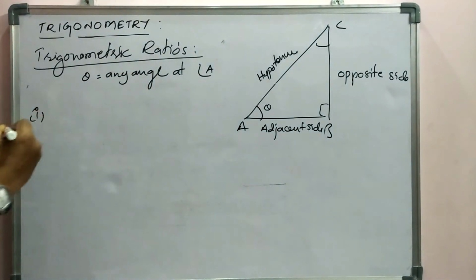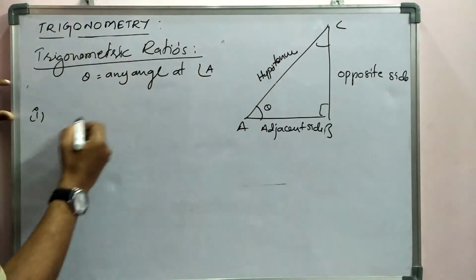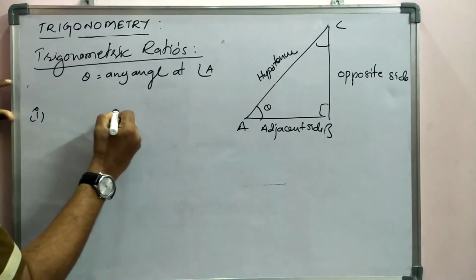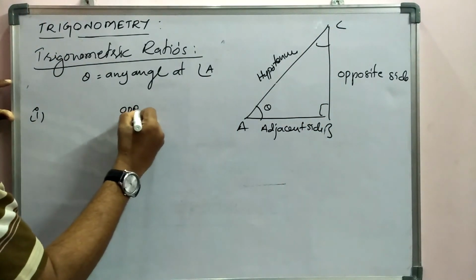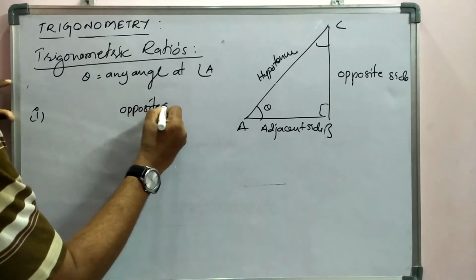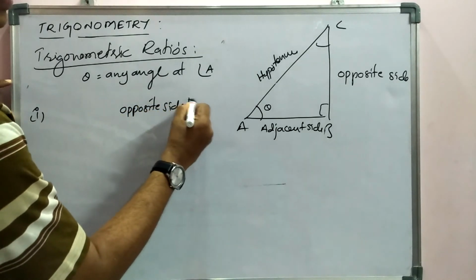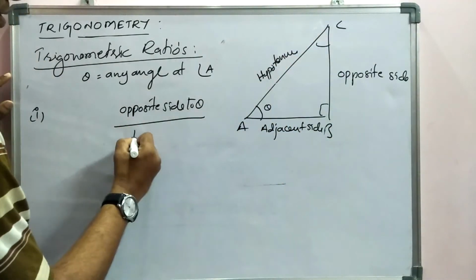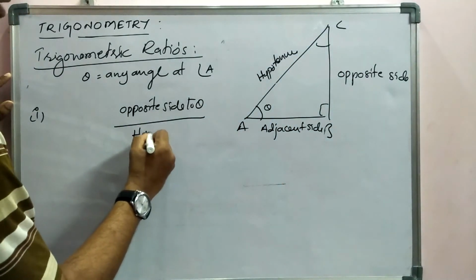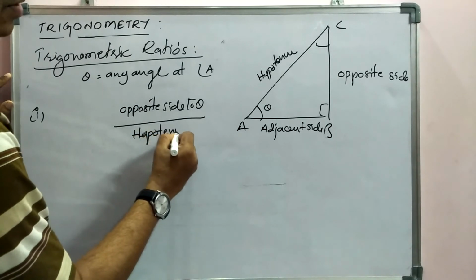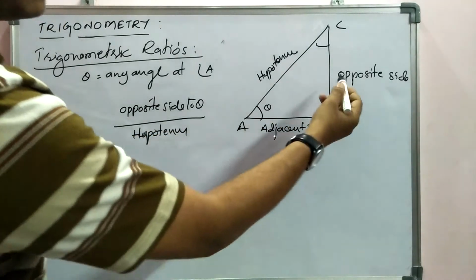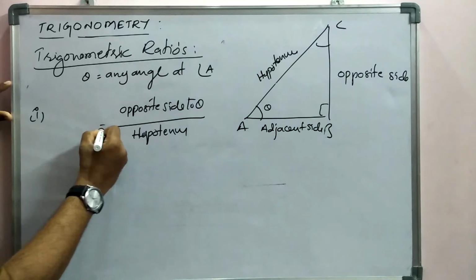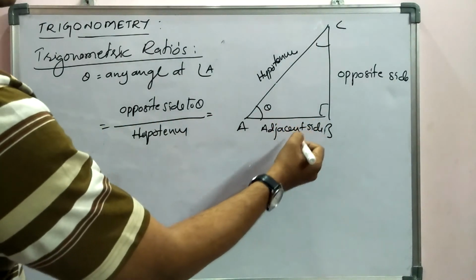Now take one of the ratios, that is opposite side to theta by hypotenuse. Which is the opposite side to theta?